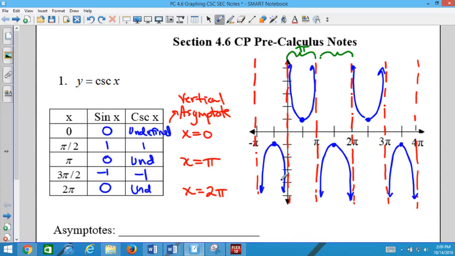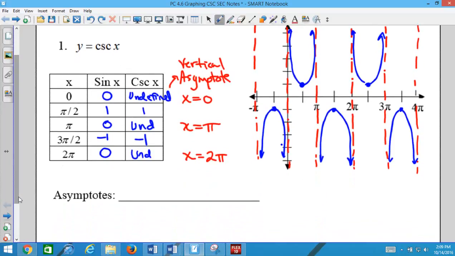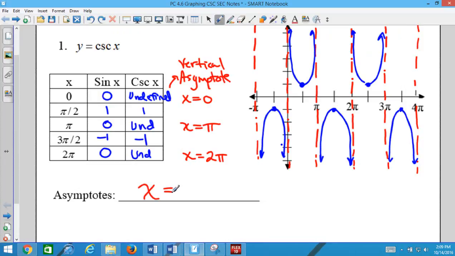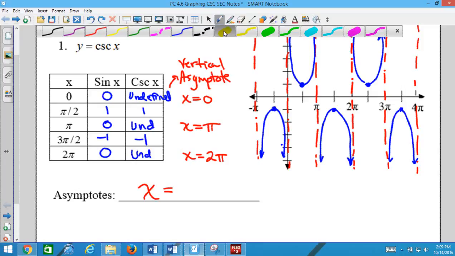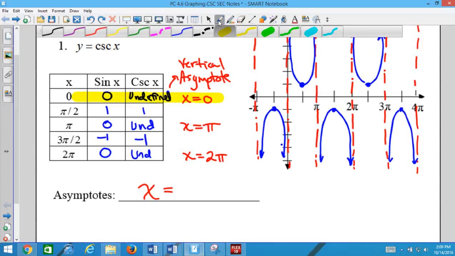Okay, so we have the cosecant of x graph. We're going to answer the question, what are the asymptotes? Because there's an infinitely many amount of them, we're just going to give a formula that gives all of the asymptotes. So all the asymptotes are x equals, and I'm going to pick the very first one that I got out of my chart, which is 0.